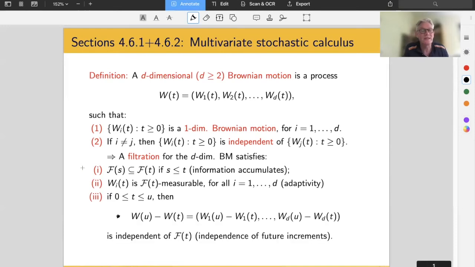And the third one is the independent increments. We have also seen that in the one-dimensional case, and in the multidimensional case, this generalizes as follows.